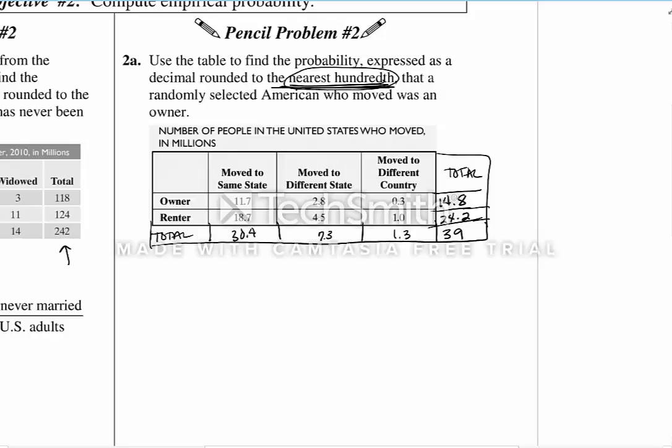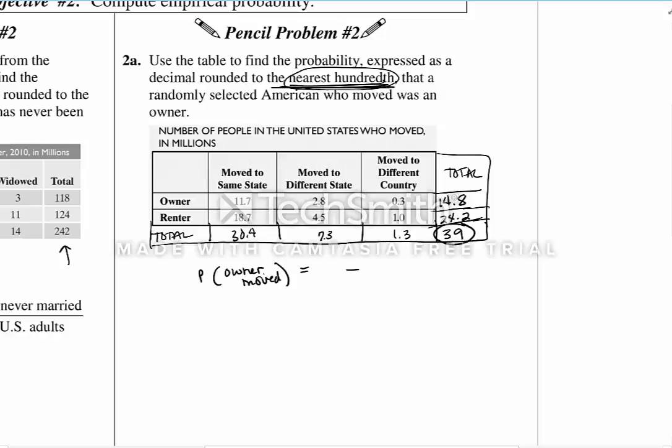So we have a complete total, and if you add them up from both directions, you should end up with this 39. So 39 vertically, 39 horizontally. So we're dealing with 39 Americans who moved. What I want is the probability that an owner moved.